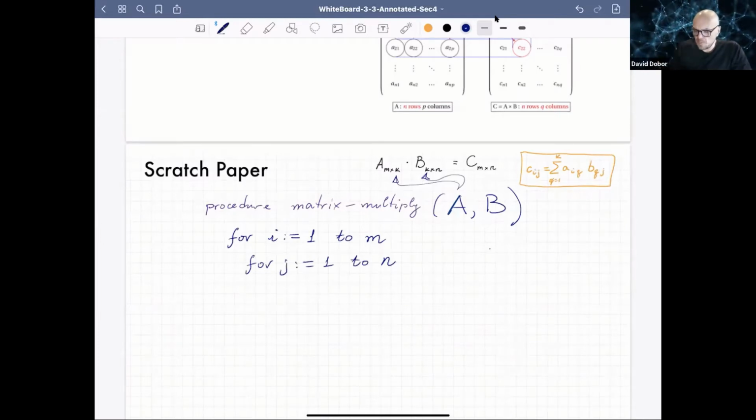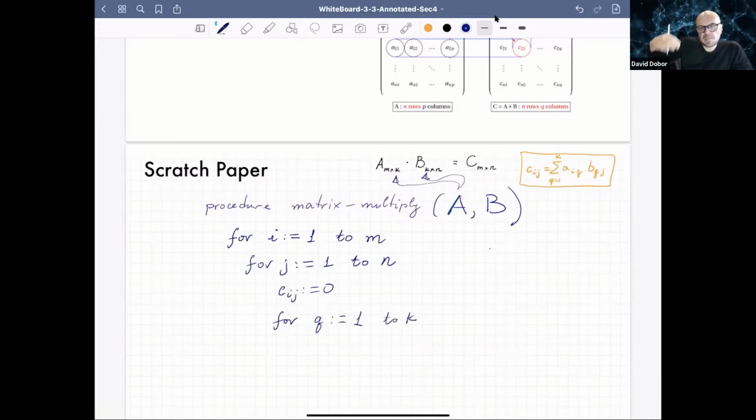Well, I have to compute each one of the Cij entries. So first, let's set Cij to 0, because we'll be summing these up. And for this index Q that will range from 1 up to K.